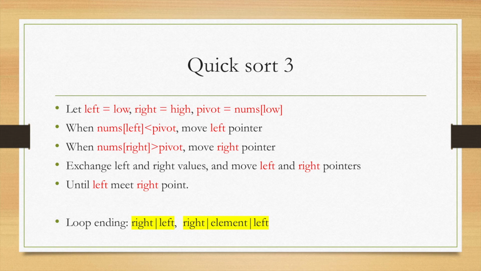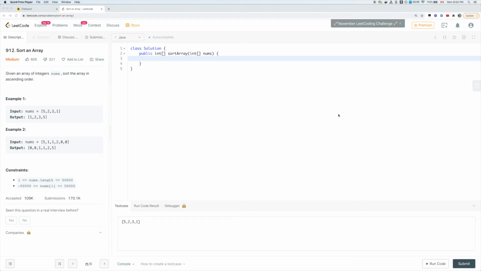That element in the middle should be equal to the pivot value. So I will demonstrate writing the code for this solution 3. Let me demonstrate how to write that quicksort algorithm.